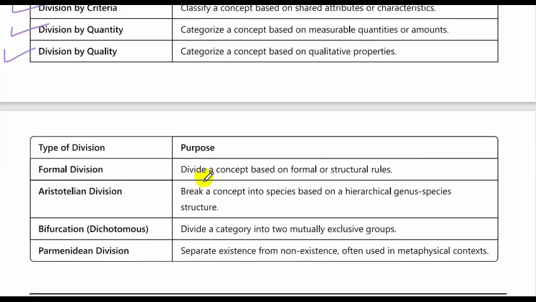Formal division divides a concept based on the formal or structural rules. Aristotelian division breaks a concept into species based on hierarchical genus-species structure. Bifurcation, dichotomous, divides a category into two mutually exclusive groups.